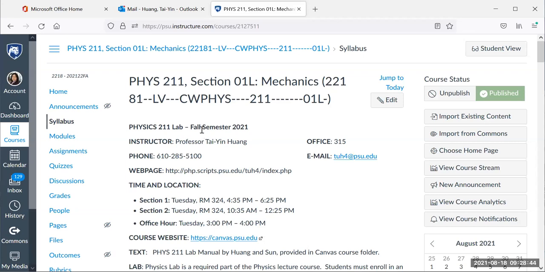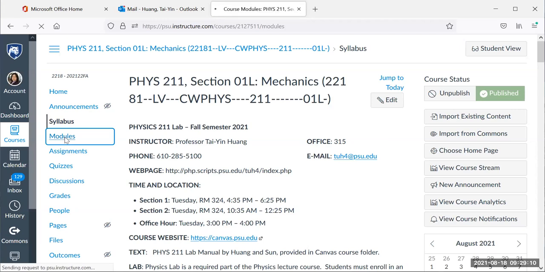And let me give you a tour of our course folder. When you click on the course folder, the entry page is the syllabus. On this navigation bar, you see Modules. Modules is where you can find all the resource information, and also the lab manual, and also the recordings.